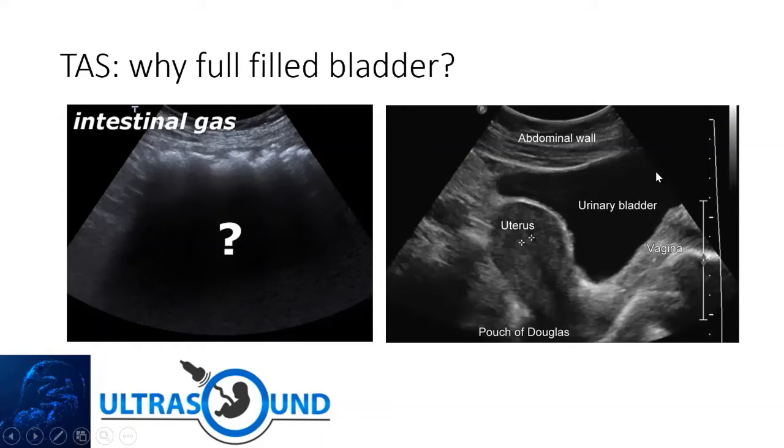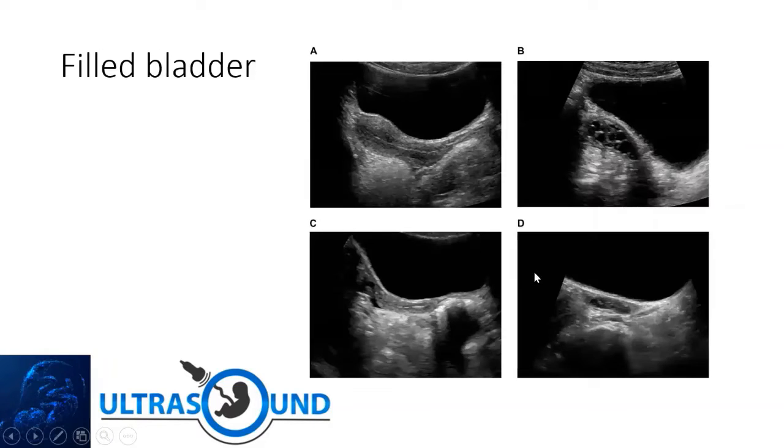But with an appropriately distended bladder, you can see the vagina, the pouch of Douglas, the uterus, and the endometrial thickness. In a thin patient with a filled bladder, you can also see the ovary, and as you can see here, it looks like a polycystic ovary. This is the uterus. Again, you can see the endometrial lining, the cervix, and the vagina.